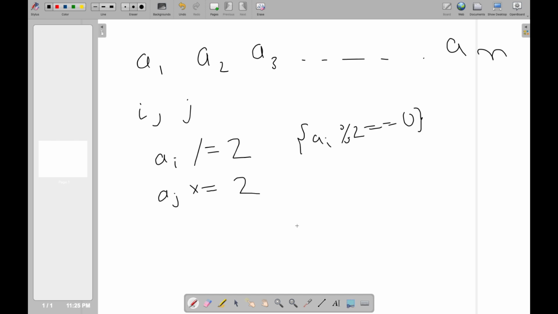Every number is like p1^k1, p2^k2, up to px^kx. This is the prime factorization of every ai. One of these primes can be 2, and if it is, we are removing it one by one from here and putting it somewhere else.